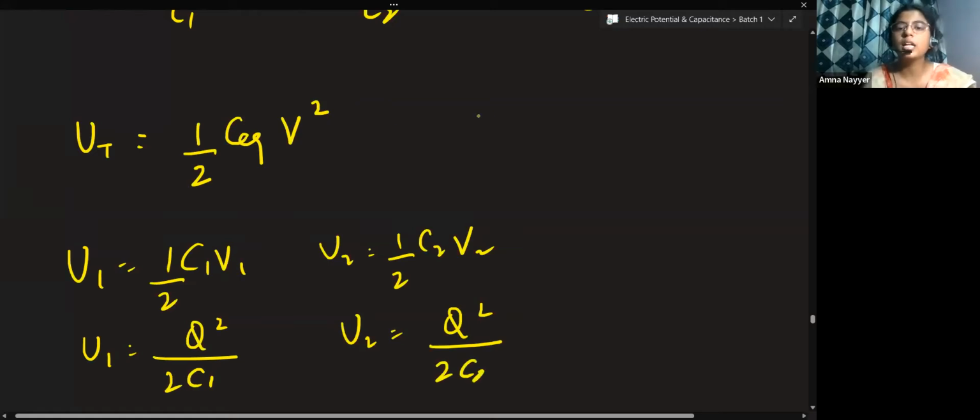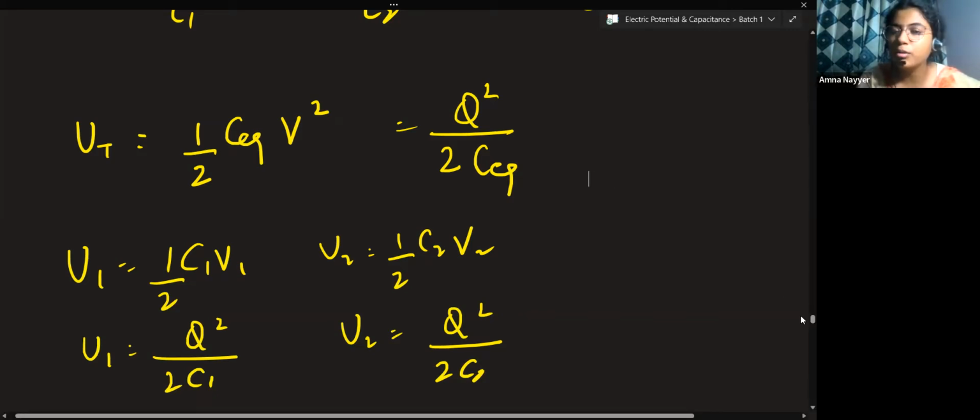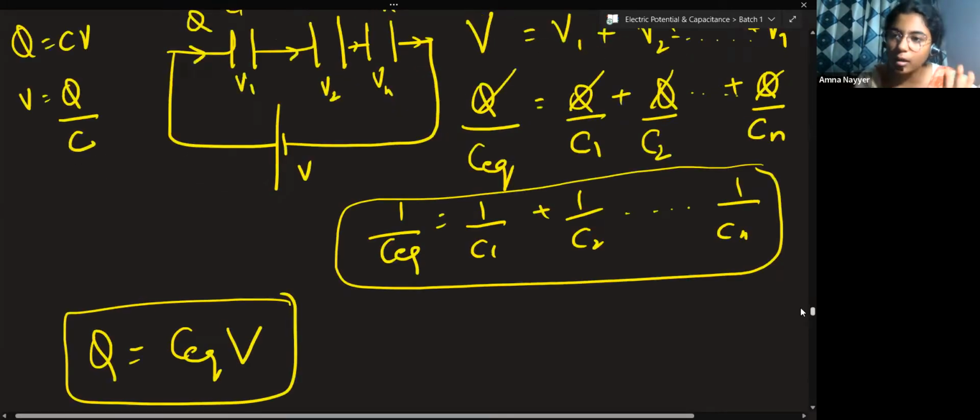Here also you can use Q square divided by 2C equivalent. Any formula you can use. For C equivalent, first you have to use this formula to calculate C equivalent.